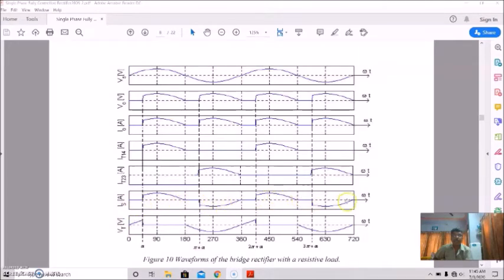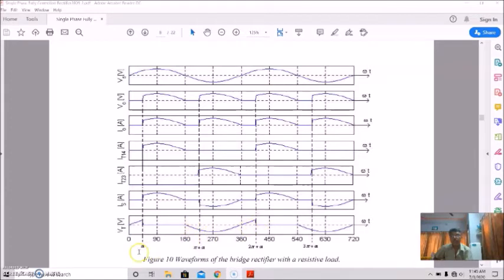And this is the voltage across the thyristor. This is the forward voltage before firing. After conduction, when the thyristor is in conduction mode, the voltage drop is almost 0. And this is for the negative half, so this is the thyristor blocking.